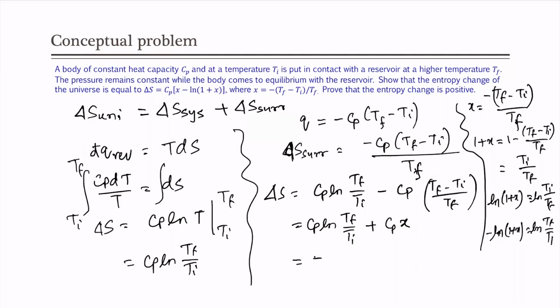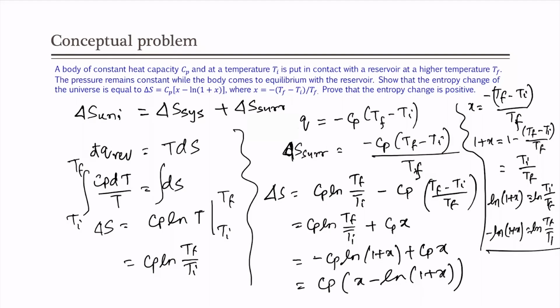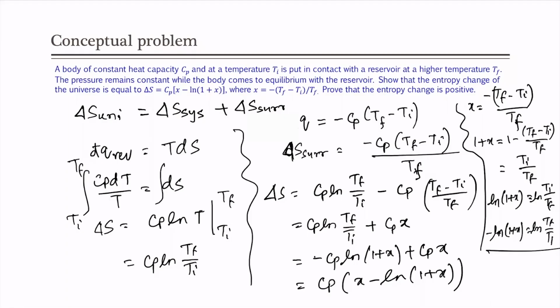So, this is minus Cp ln 1 plus x plus Cp x. Now, Cp is common, x minus ln of 1 plus x, and that is what we were told to prove. Is it clear? Correct.